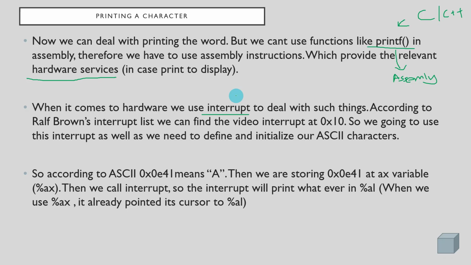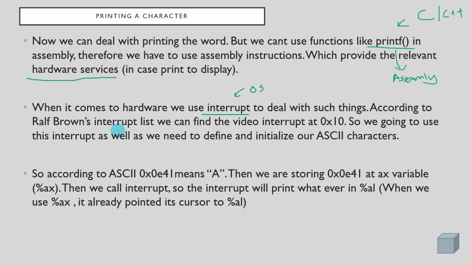Even if you open a tab, it is an interrupt. Even if you reduce the volume of, let's say, a media player, it is an interrupt. Everything related to the operating system and user processes are interrupts. So now we are going to manually call an interrupt in order to display something.